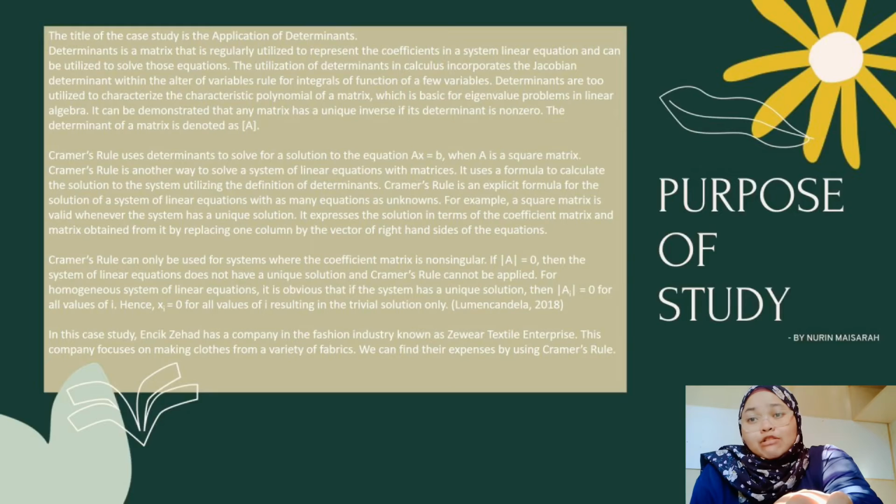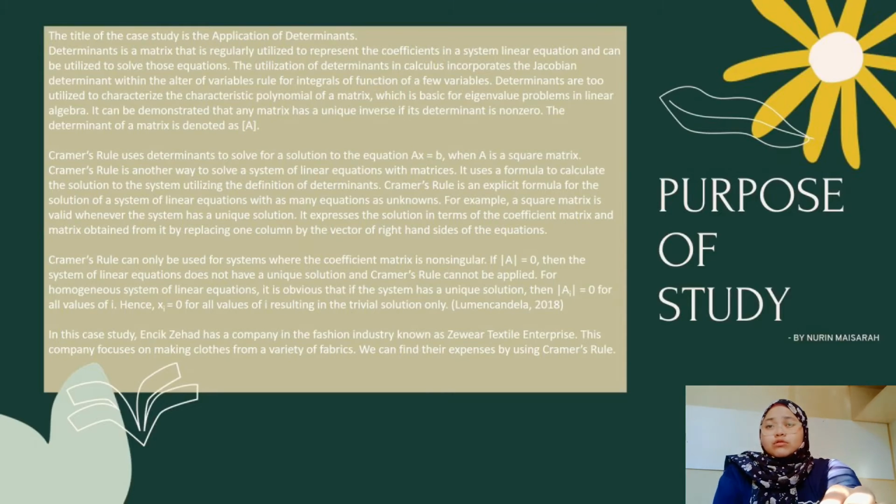Cramer's rule. Basically, Cramer's rule involves determinants. We can use Cramer's rule to find the solution of an equation by using a matrix. It uses a formula to calculate the solution to the system utilizing the definition of determinants.